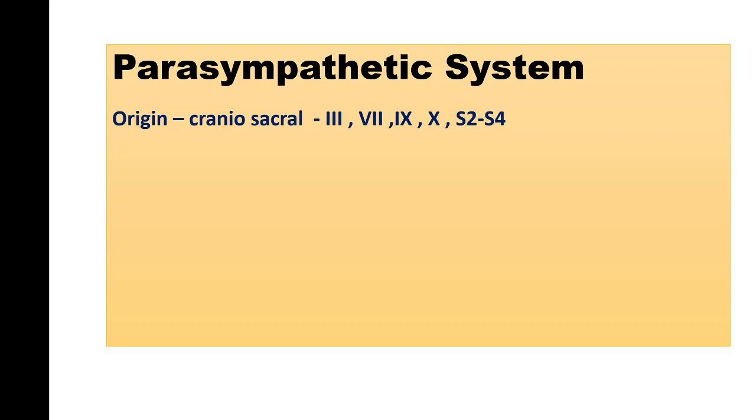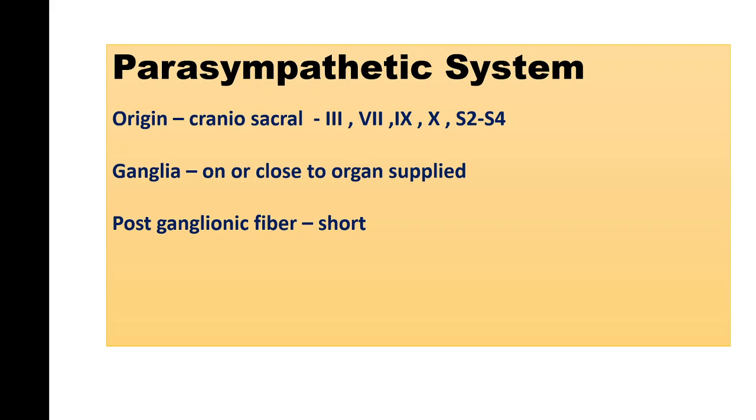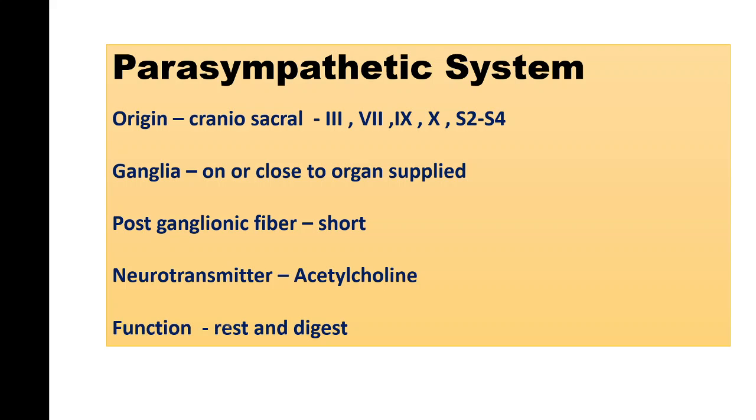In parasympathetic system, ganglia are close to the organ, so postganglionic fibers are short, opposite to sympathetic system in which ganglia are away from organ, so postganglionic fibers are long. Here the neurotransmitter is acetylcholine. In sympathetic system it is noradrenaline or norepinephrine. Function of parasympathetic system is rest and digest.